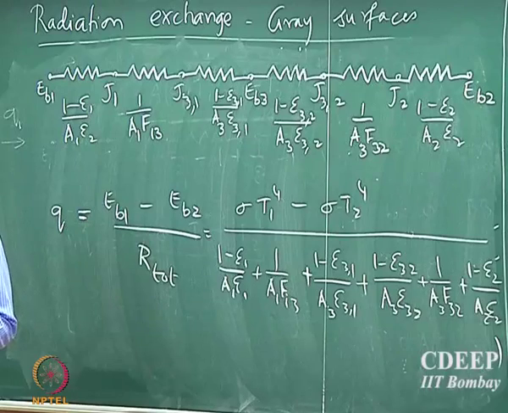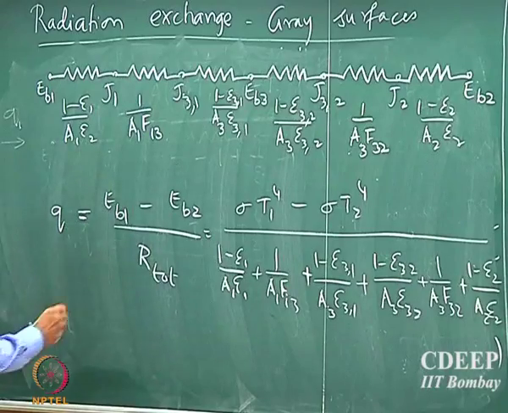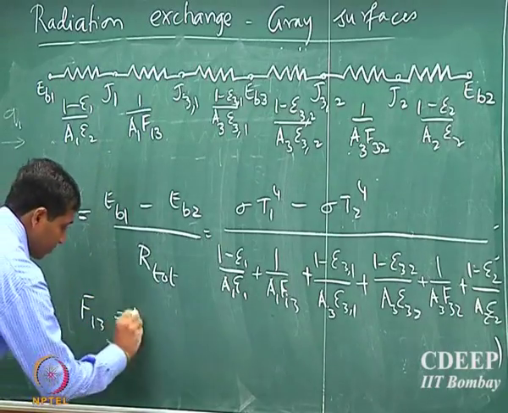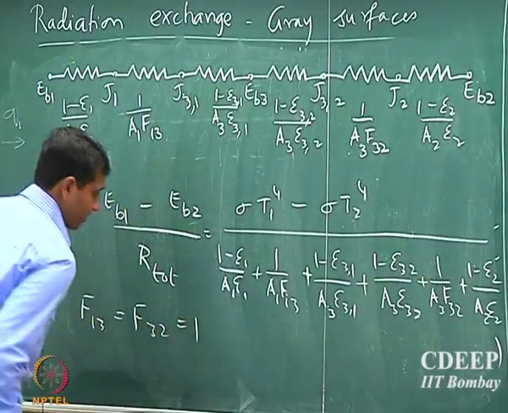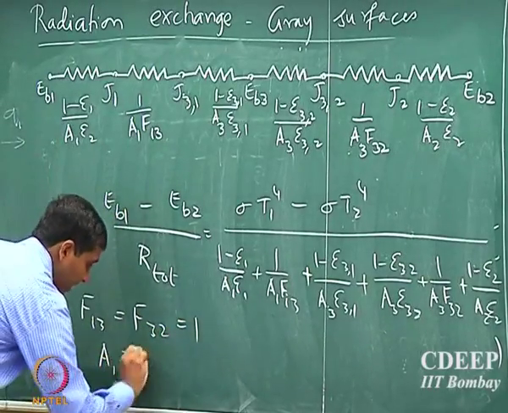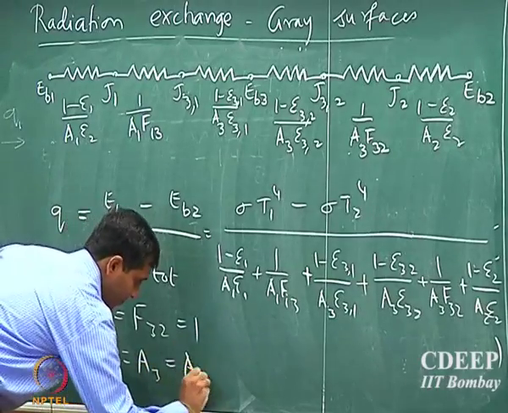If it is a parallel plate, the view factor is 1, right. Therefore, F13 equals F32 equals 1 and A1 equals A3 equals A2.